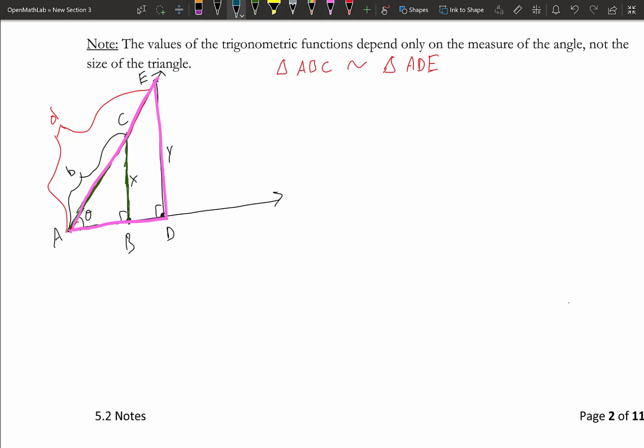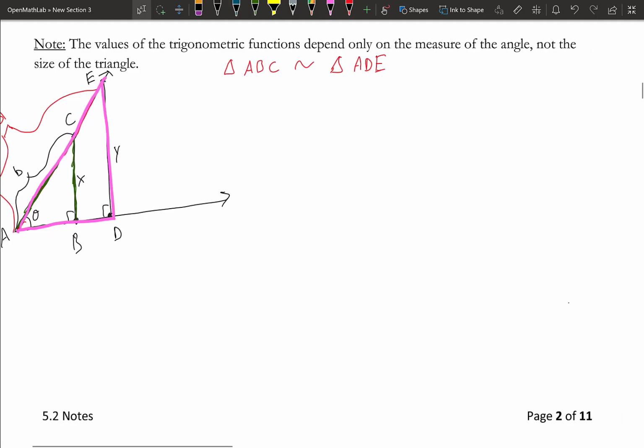So since that's true, I said this out loud, but let me write this down: similar triangles have proportional corresponding sides.